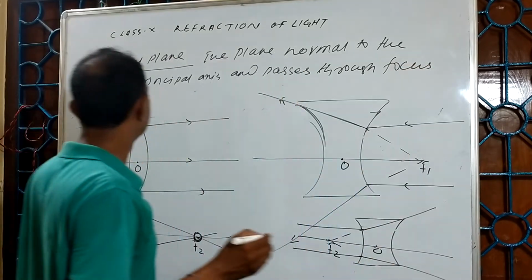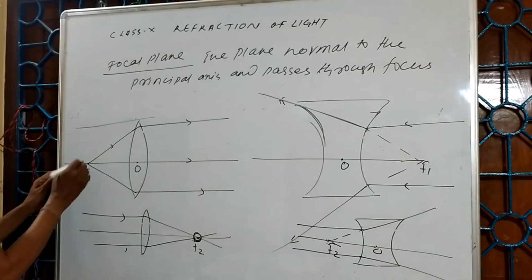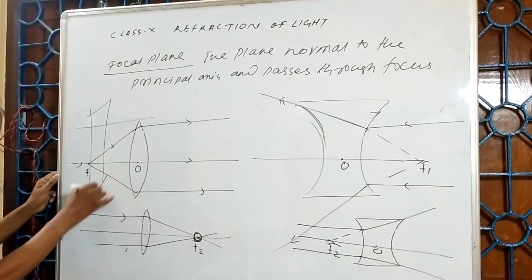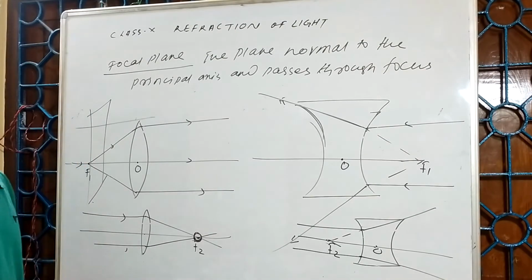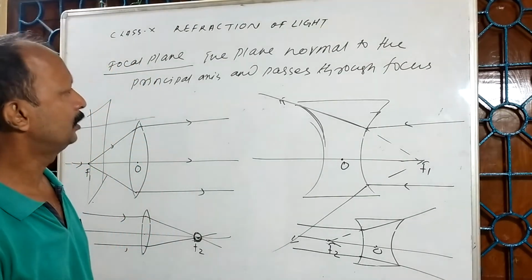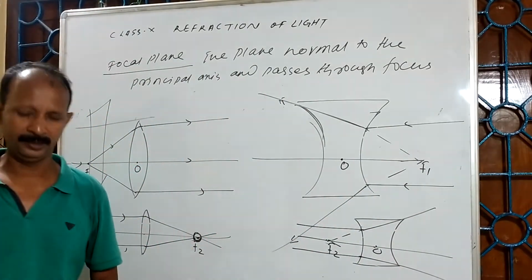Listen carefully. The plane normal to the principal axis. Suppose this is the plane normal to the principal axis and passes through this focus. That is called the focal plane.